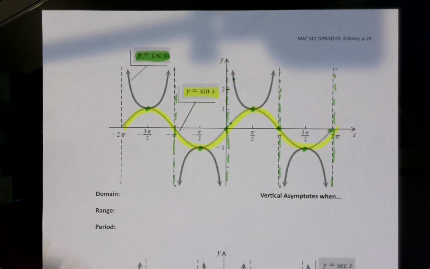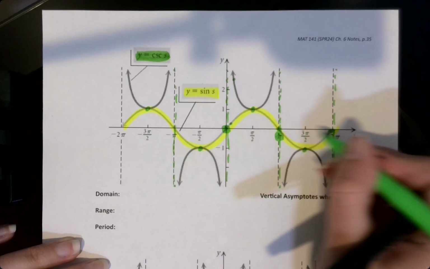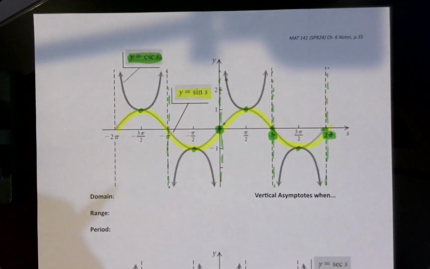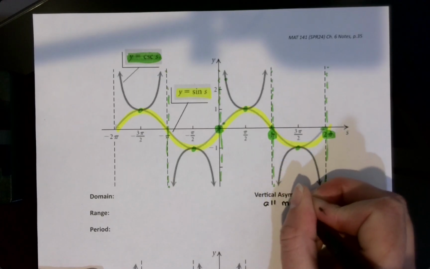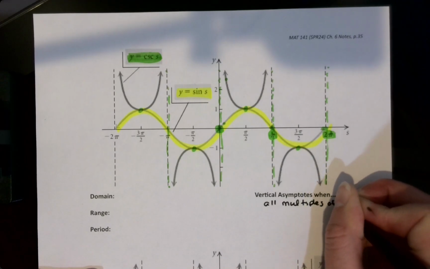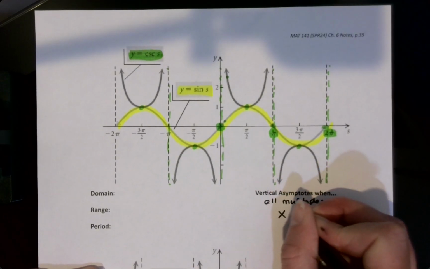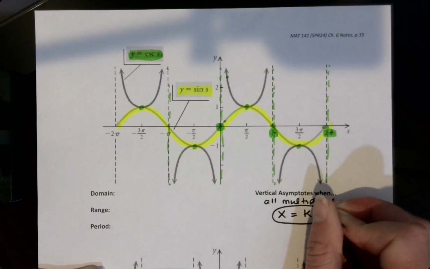Okay, so this one has vertical asymptotes. We've got one here at 0, we've got one here at pi, we've got one here at 2 pi. So that seems to be at all multiples of pi. So that's going to be where x is equal to k pi. There are some overlaps.